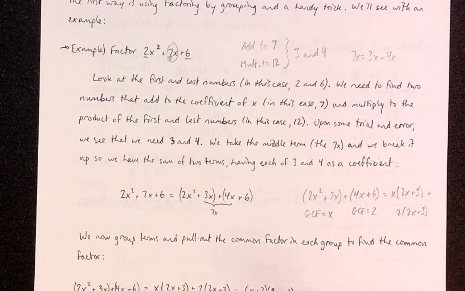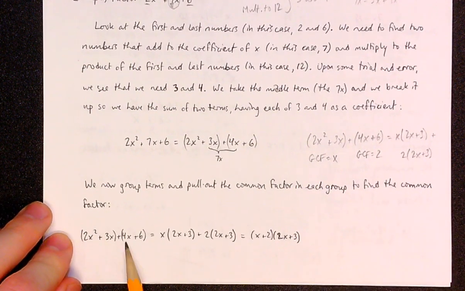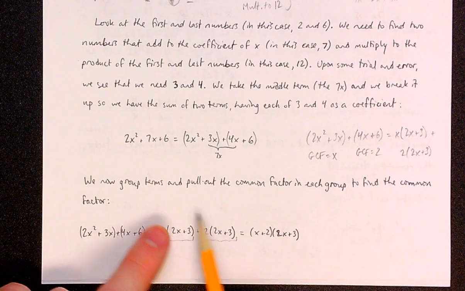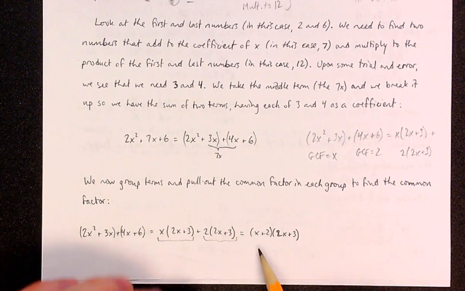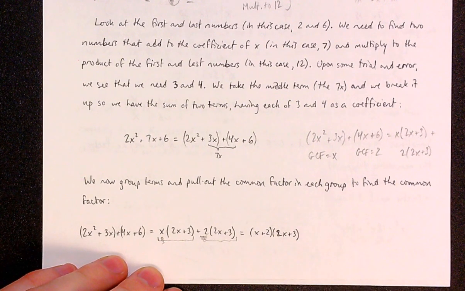As you can see, that's what we did down here. We made those groups, pulled out the GCF, and now this is a term, this is a term. Both terms have the common factor of 2x plus 3, so I pull out that common factor, and I'm left with x plus 2, because that's what was left over, times the 2x plus 3.